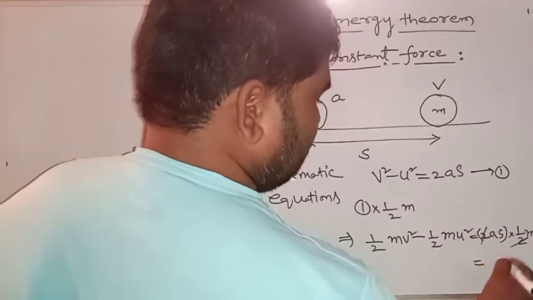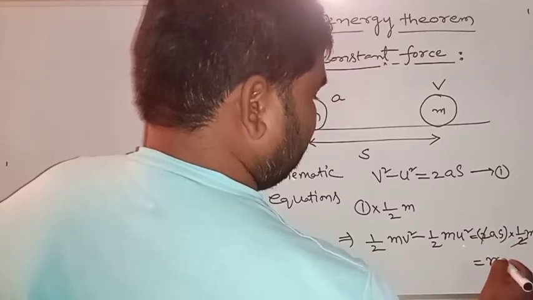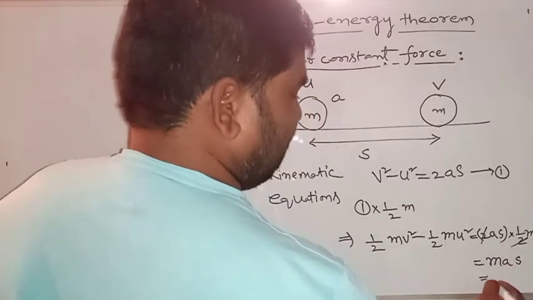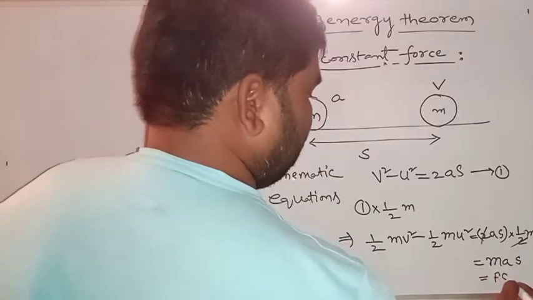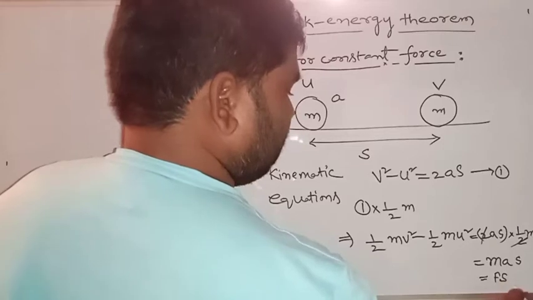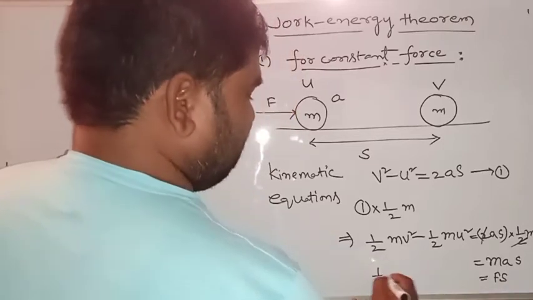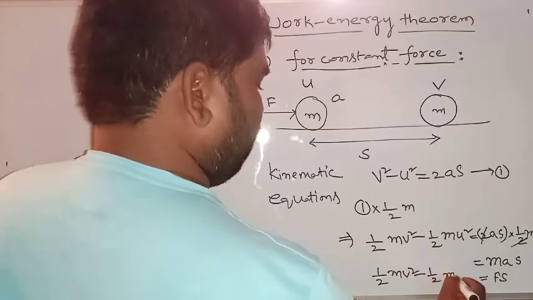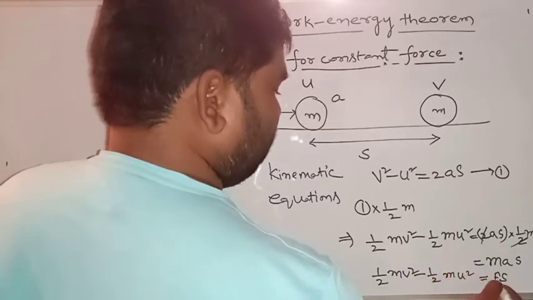The remaining is m a into s. According to Newton's second law, what can we write here? F into s. This is as it is: half m v square minus half m u square equals F s.